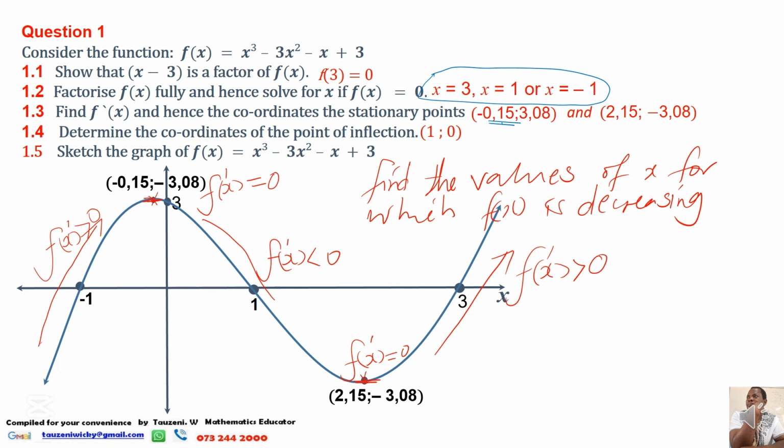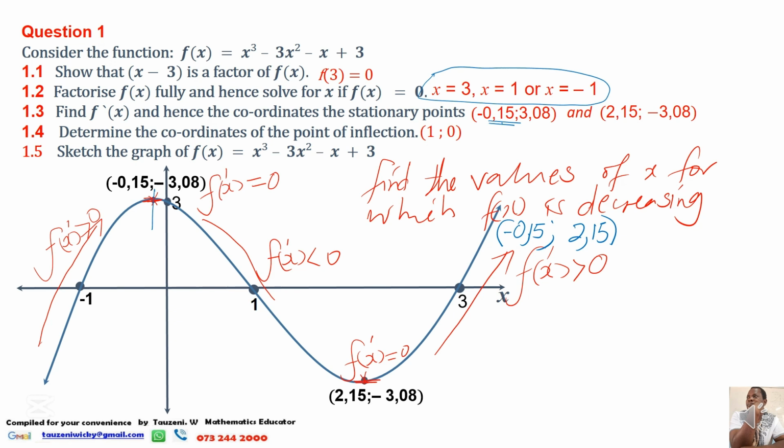Mine is decreasing from one turning point. That point there, the x value is negative 0,15. And it is decreasing from negative 0,15 up to the next turning point, which is 2,15. From negative 0,15 to 2,15. In between this, the graph is decreasing or the gradient is negative.